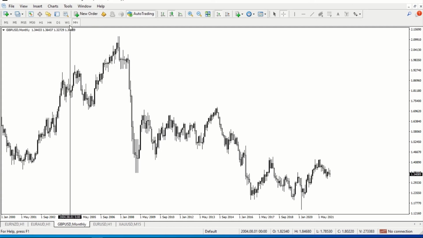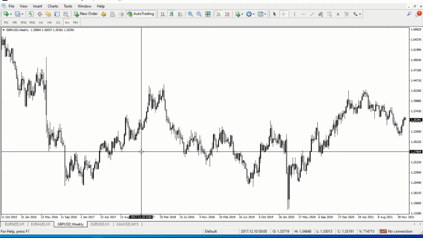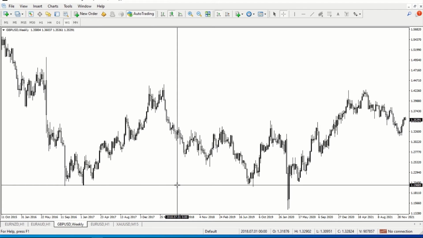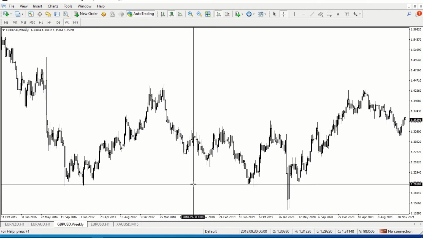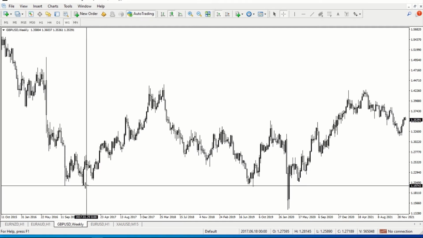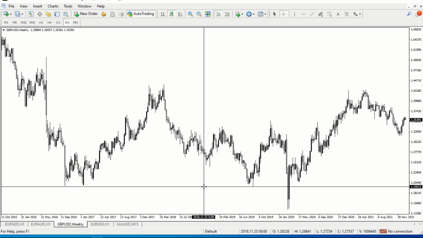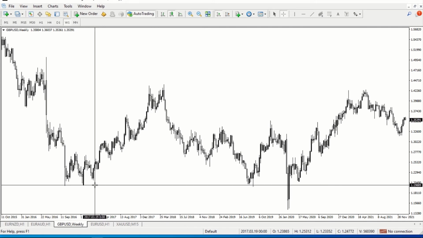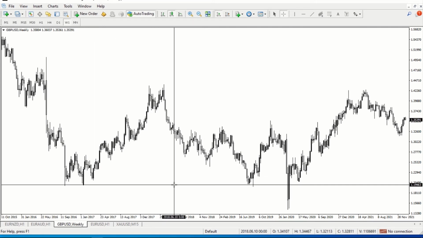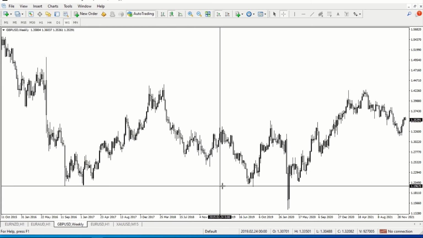Let's scale into the weekly time frame where we have our weekly demand levels. Where my line is right now is my demand level. Observing it carefully, you could realize on this demand level, price rejected multiple times. At my left side, price rejected almost 3 times. The third rejection didn't touch the line exactly, and then in future, price came for another retest.